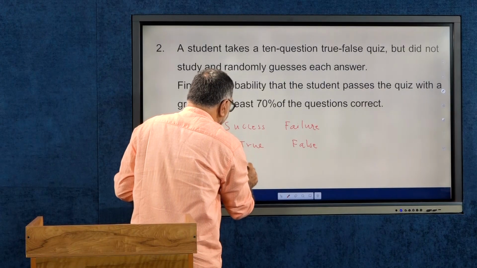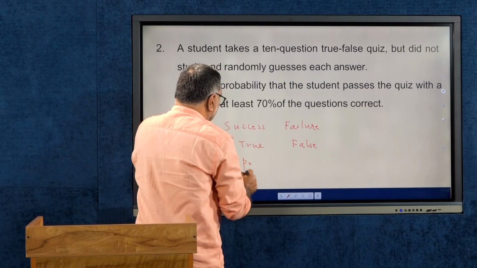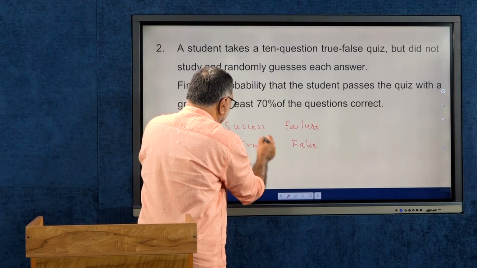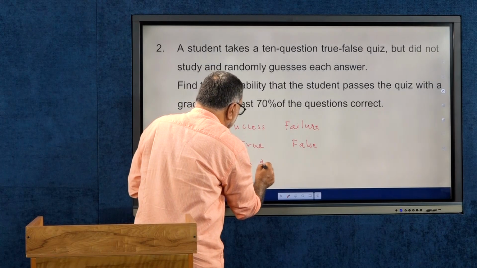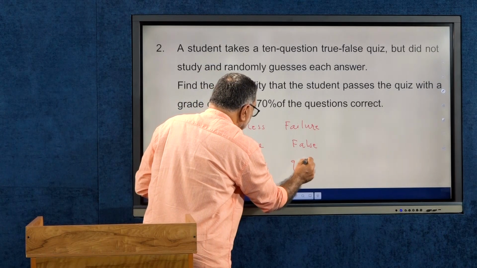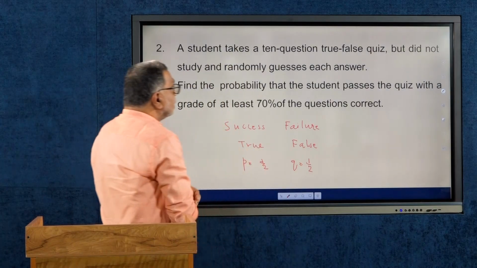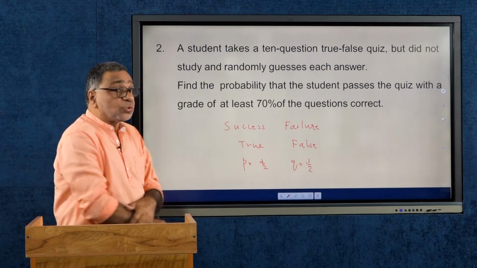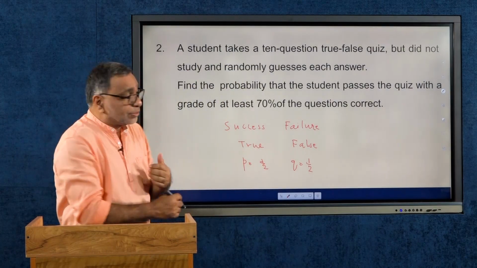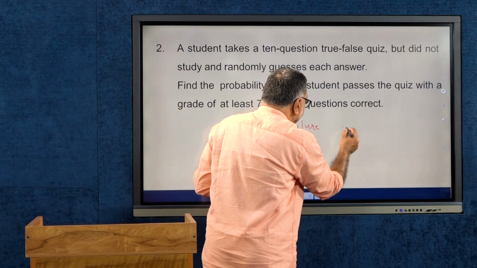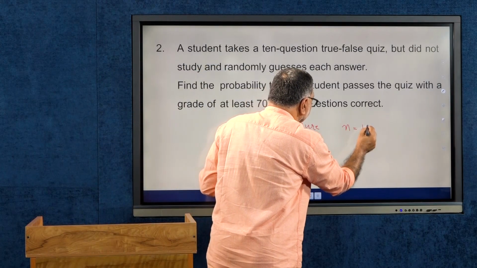Suppose P is the probability of answering true, that is 1/2, and Q is also 1/2. And the student takes 10 questions. So how many questions are there? N is equal to 10.